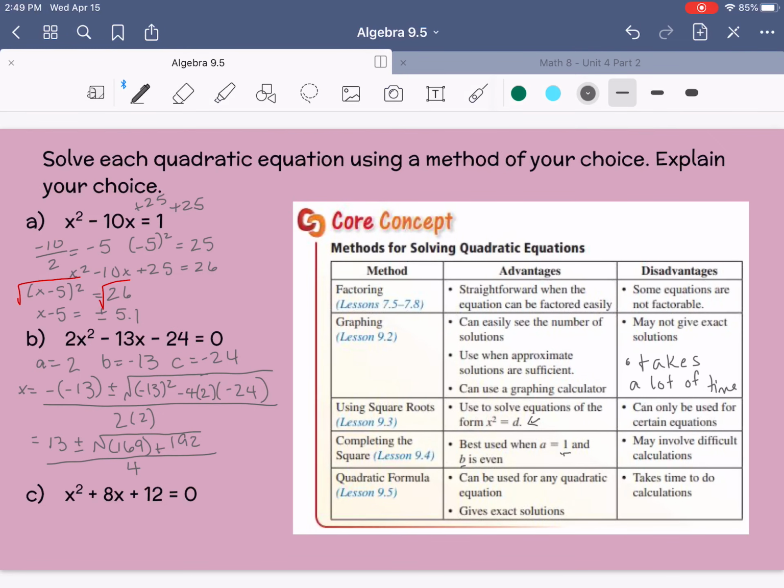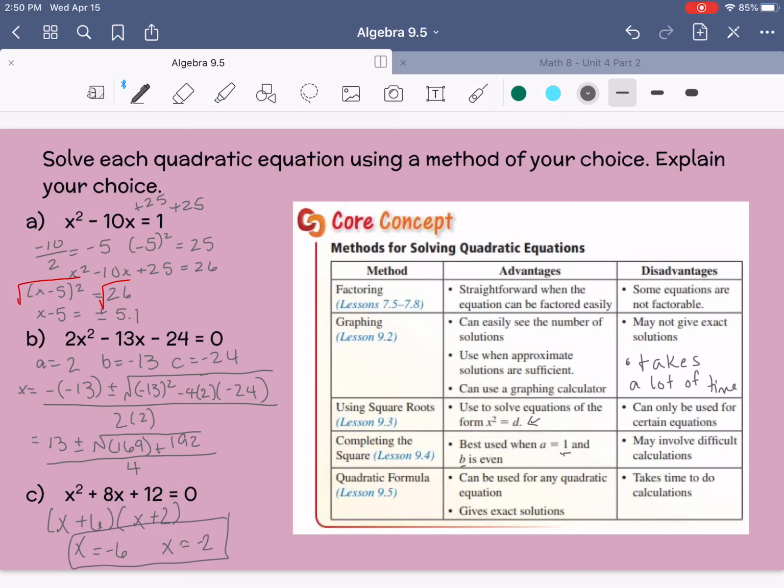Okay, and letter C, I'm looking at it, and yes, I can factor that. So factors of 12 that add up to 6, both being positive, x plus 6, x plus 2. Don't forget you need to solve, so my x is negative 6, and my x is negative 2.